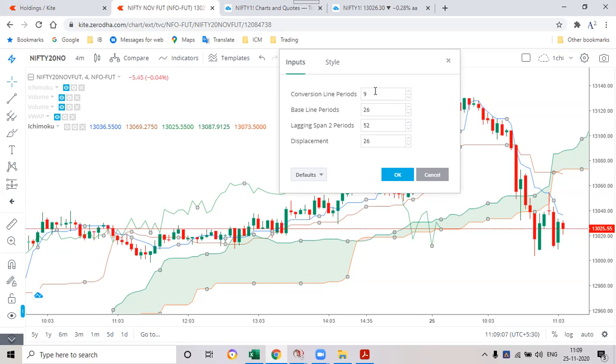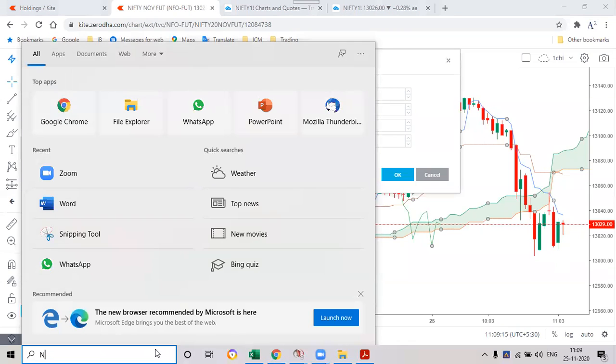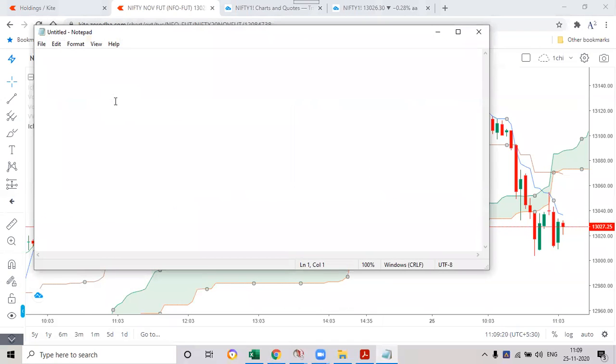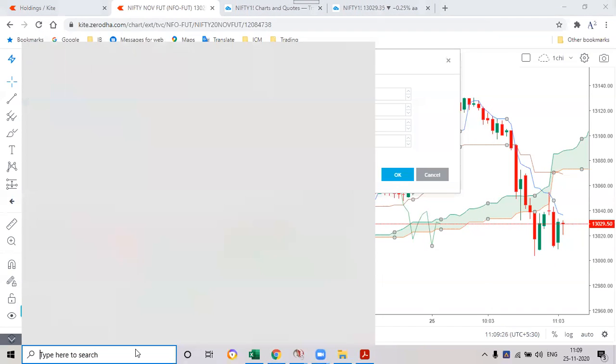Conversion line is nothing but Tenkan-sen, and then the baseline is called Kijun. How these lines are arrived at, read the book and understand. These are all based on the moving average.